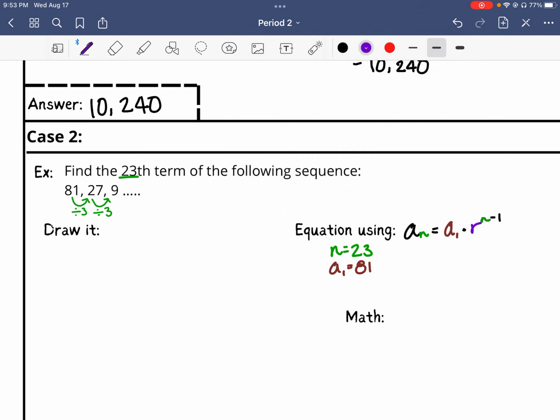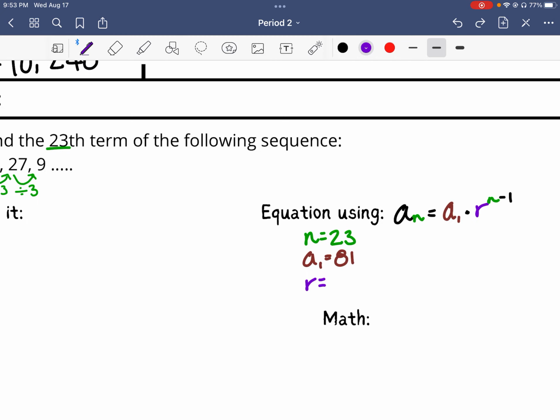And r. With r, you might want to put 3, but this is wrong because that means we're multiplying by 3. We are dividing by 3. To make it look like we are dividing, we're going to use a fraction. When you divide by 3, you're also taking a third of a number. So, key note: fraction when it is dividing.